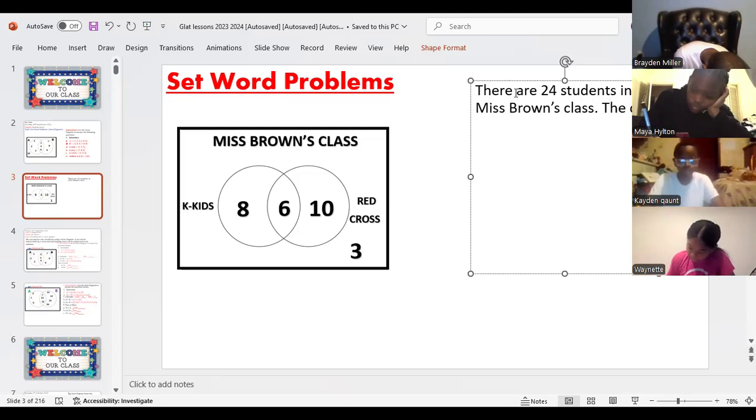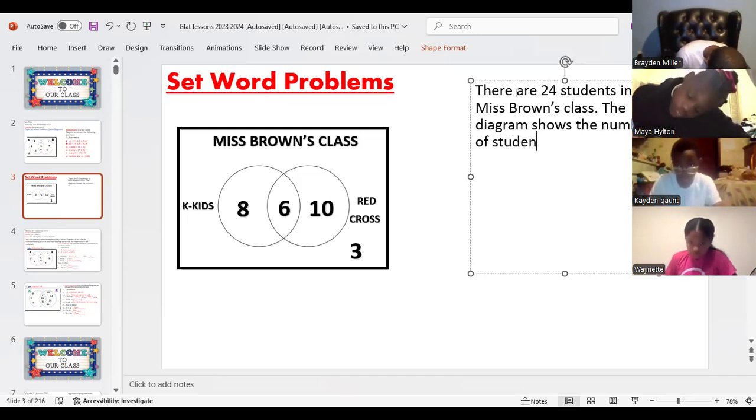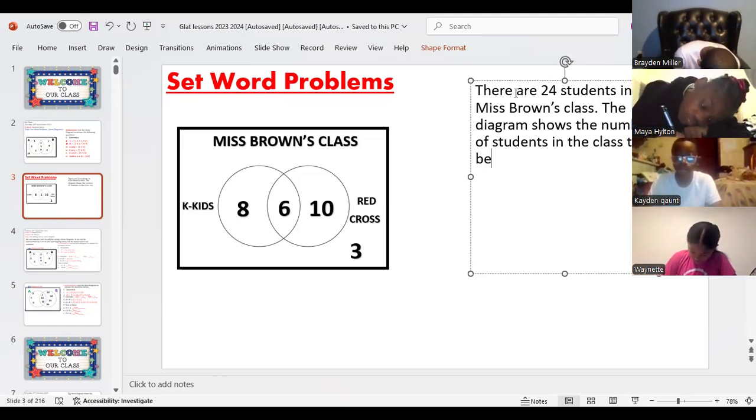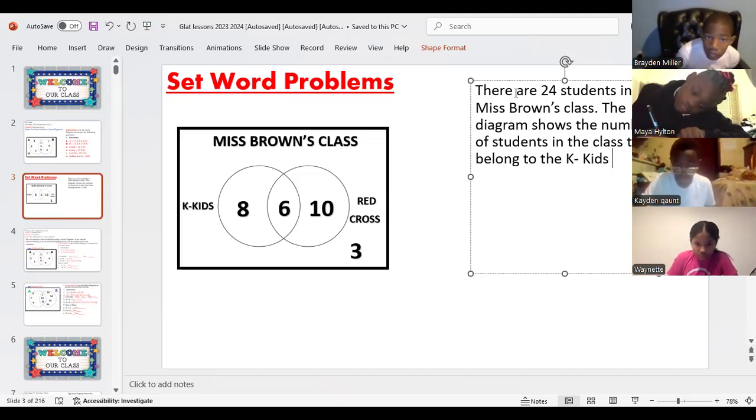The diagram shows the number of students in the class that belong to the K Kids Club, and the number of students in the Red Cross.